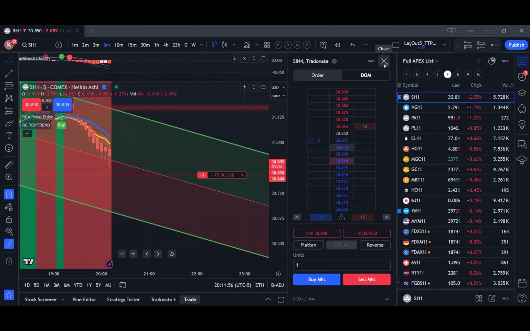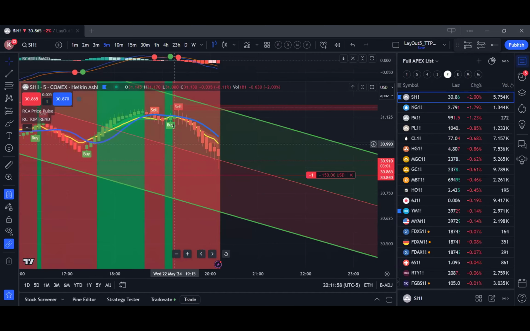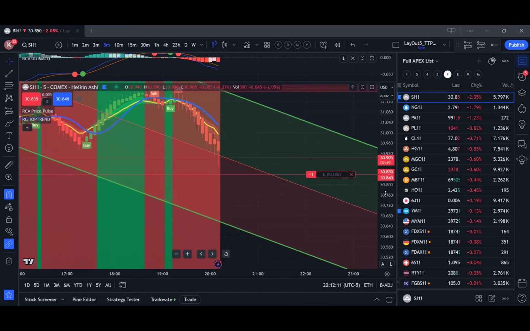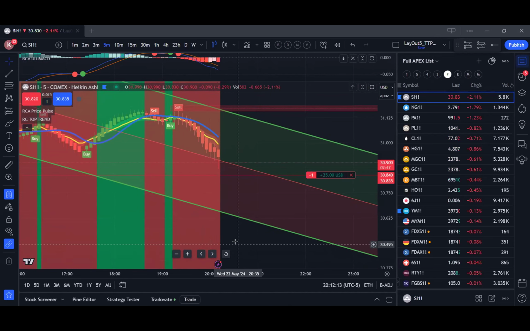So I entered a short again in silver because it may go all the way down. Right after dark red, some light red. Again, we got a dark red. Also, there was a support earlier. It broke the support. It may come all the way down.